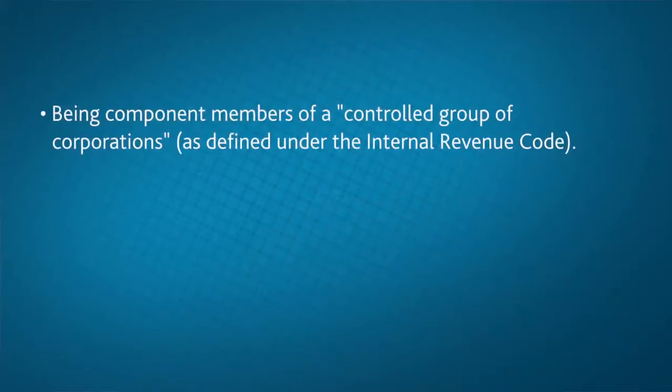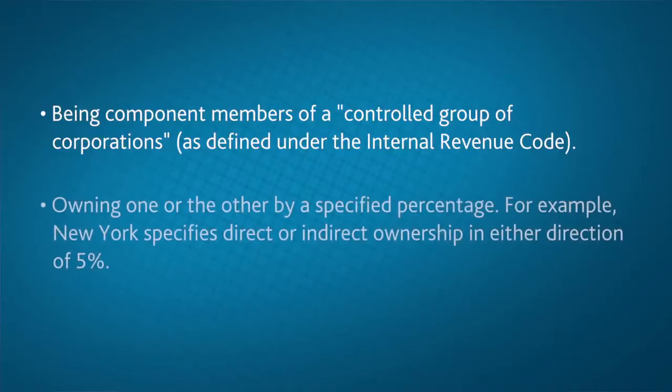What are commonly known as affiliate nexus laws generally create a rebuttable presumption that an out-of-state retailer has nexus with a state if an entity located in-state is related to the out-of-state retailer in a certain way, such as being component members of a controlled group of corporations, as defined under the Internal Revenue Code, or owning one or the other by specified percentage.